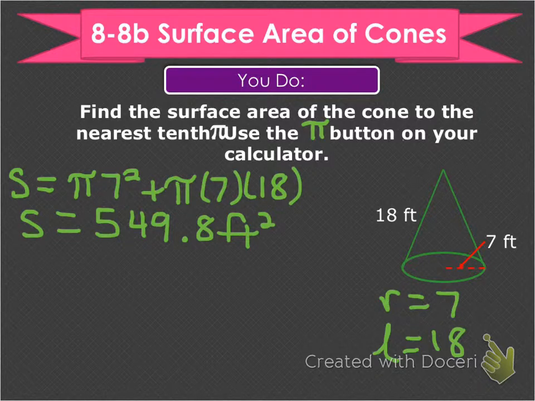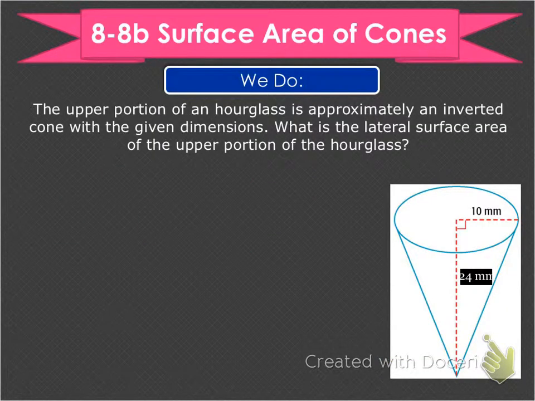So let's look at this next one. The upper portion of an hourglass is approximately an inverted cone with the given dimensions. What is the lateral surface area of the upper portion of the hourglass? Remember, our lateral is going to be that second part of the equation. So for our lateral, it's just pi times the radius times the slant height.